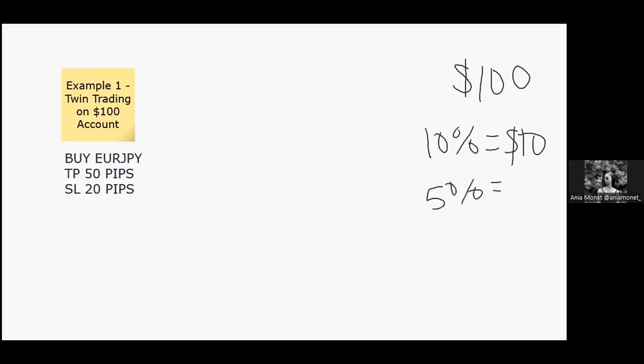So with proper risk management, I like to say don't risk more than 5% on your account. So 10% of 100 would be $10. Therefore, 5% would be $5.